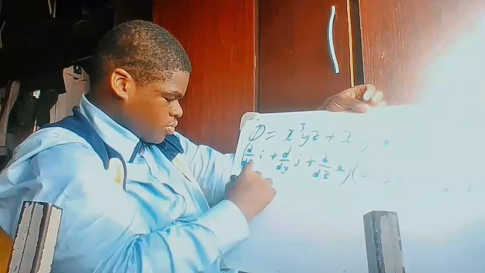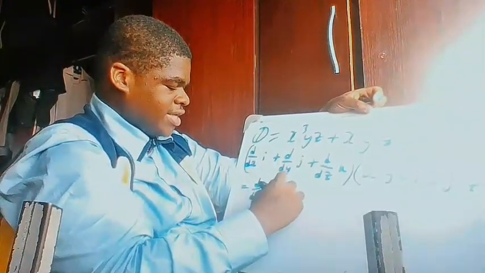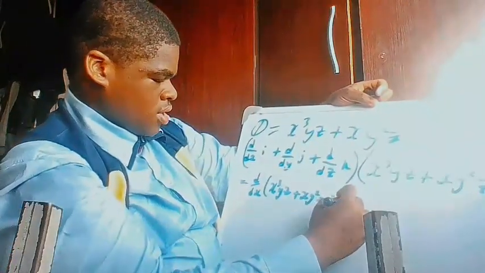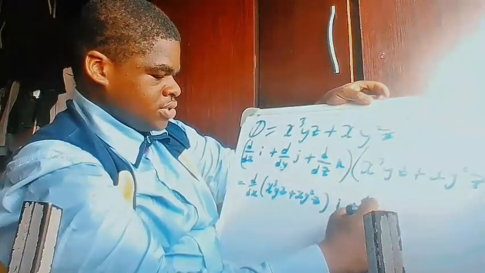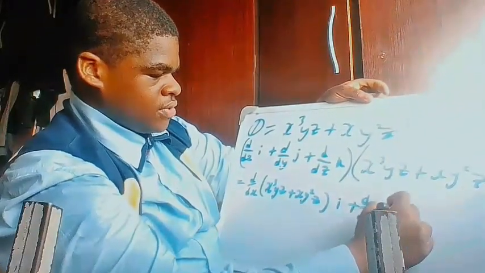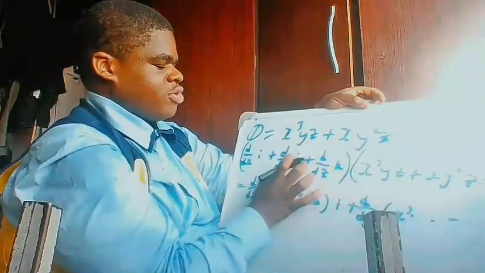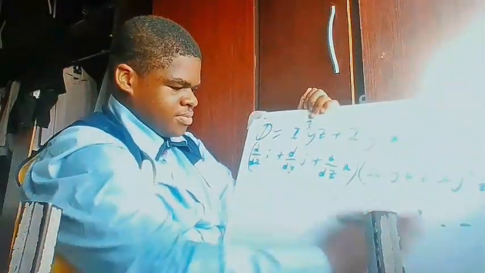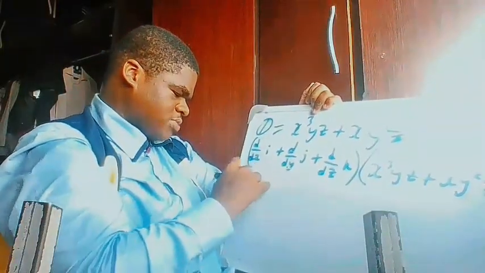This would equal d/dx of x cube yz plus xy square z, i, plus d/dy of x cube, you get the gist. Basically just the same thing, multiply this, multiply that. The board is very small, so let me just do it one by one.